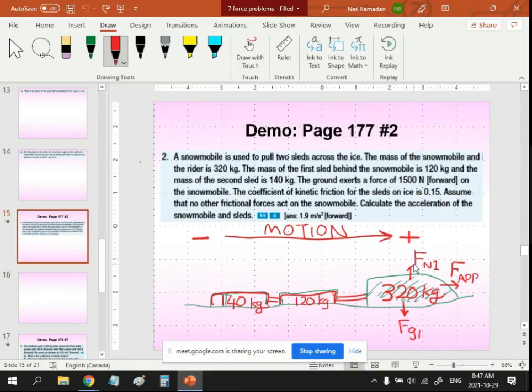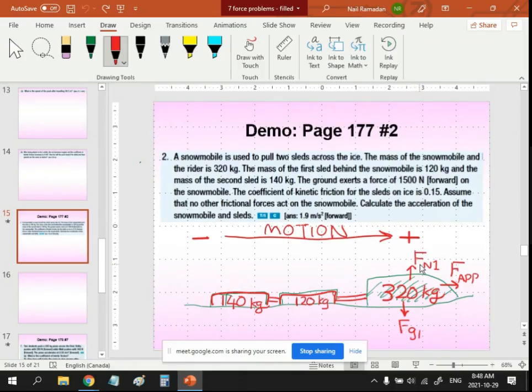There is a forward force on the snowmobile, making it go forward and pull everything behind it, which is the engine, yes, as the force applied. Is there friction on the snowmobile? Read the question. They're saying assume there are no frictional forces acting on the snowmobile.